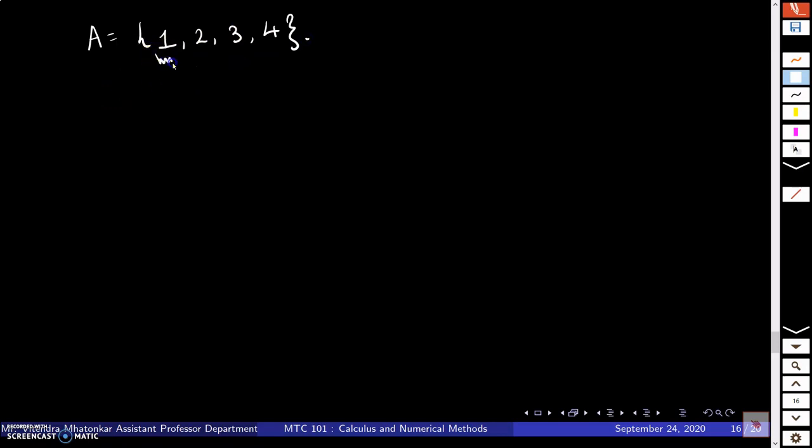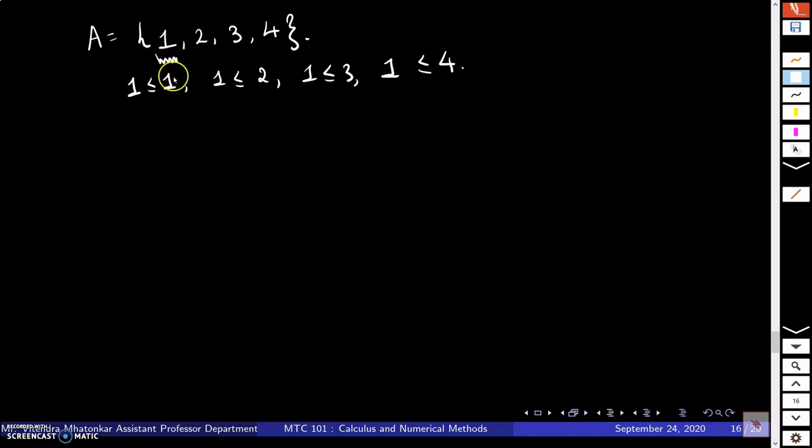This number 1, if you see, it is less than or equal to all the elements of the set A, right? So 1 is less than or equal to itself, 1 is less than or equal to 2, 1 is less than or equal to 3, and 1 is less than or equal to 4. So 1 is less than or equal to each and every element of the set A. Now why only 1?